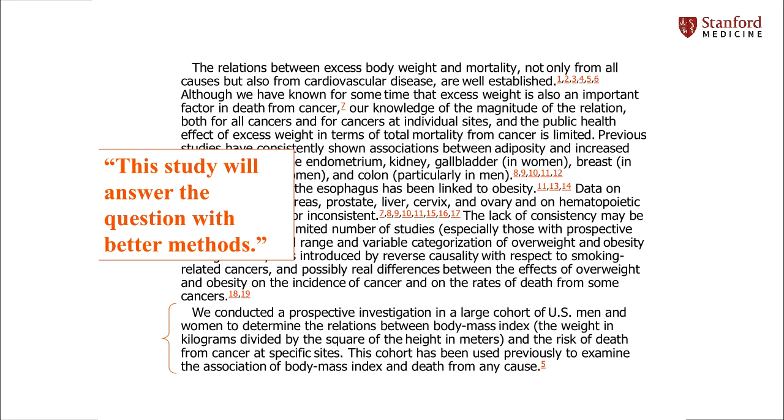And they're going to use body mass index rather than categorizing overweight or obesity, which involves some arbitrary categorization. So they've already told you how they're filling in some of the gaps. It's prospective, it's large, it's a trusted data set, they tell us in the next sentence, and they're looking at BMI rather than an arbitrary cutoff for obesity or overweight.